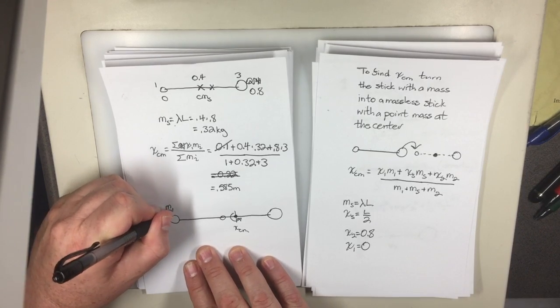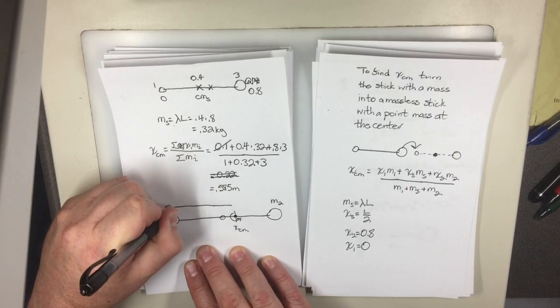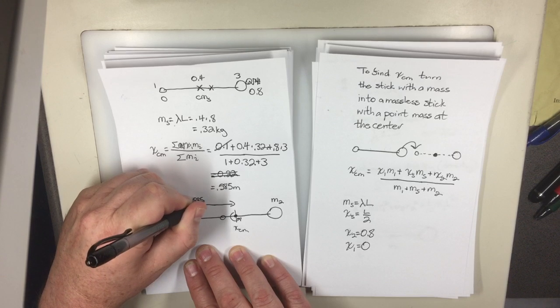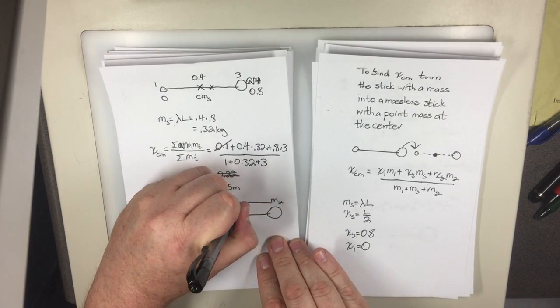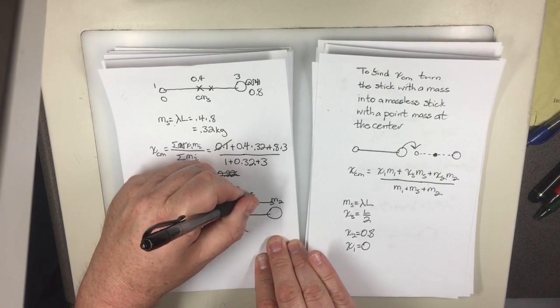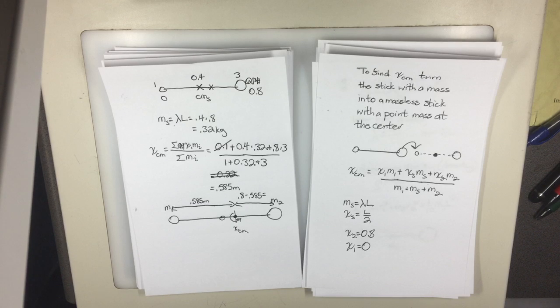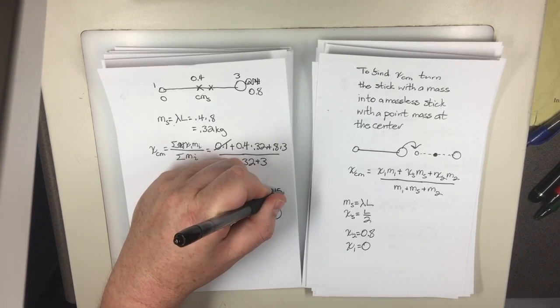Now M1 and M2, this distance here is 0.585 meters because it's on one side of the length of the stick. This particular length here is 0.8 minus 0.585, or 0.215 meters.